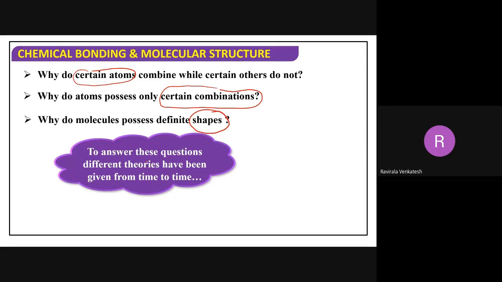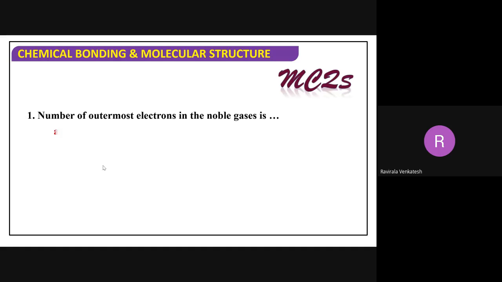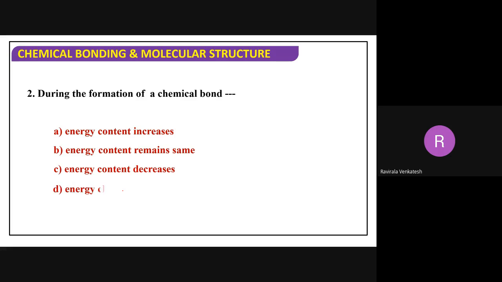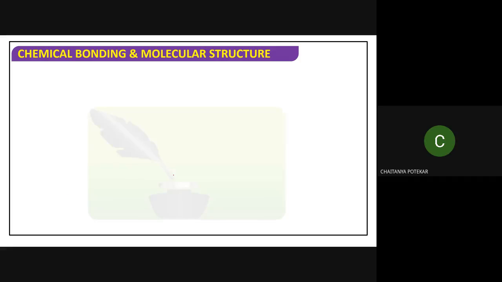How many theories are there that we'll discuss in this chapter? The correct answer is: the number of outermost electrons in a noble gas is either 2 or 8, so option D. Once it is formed, the energy decreases completely.